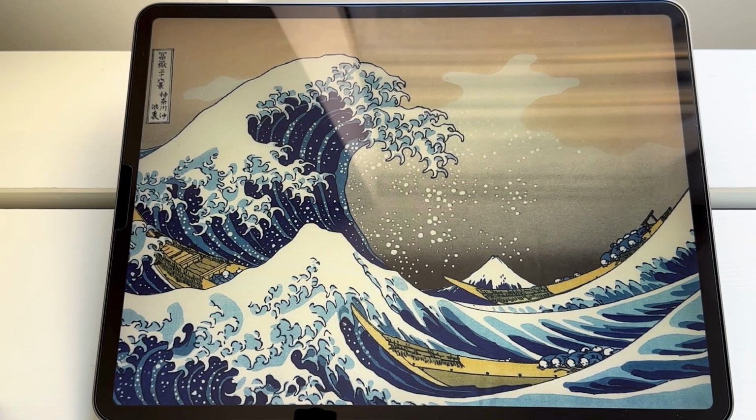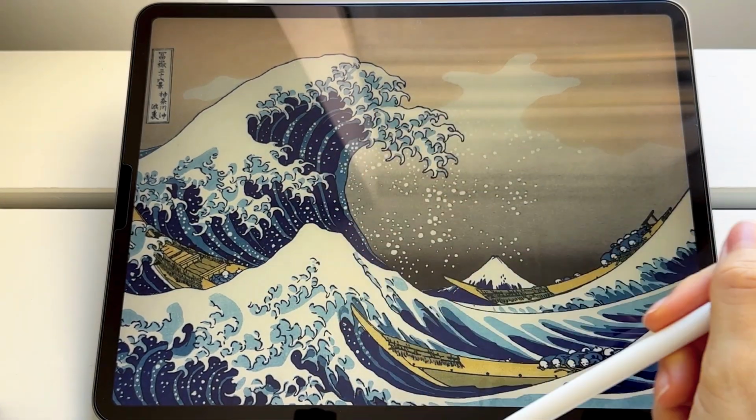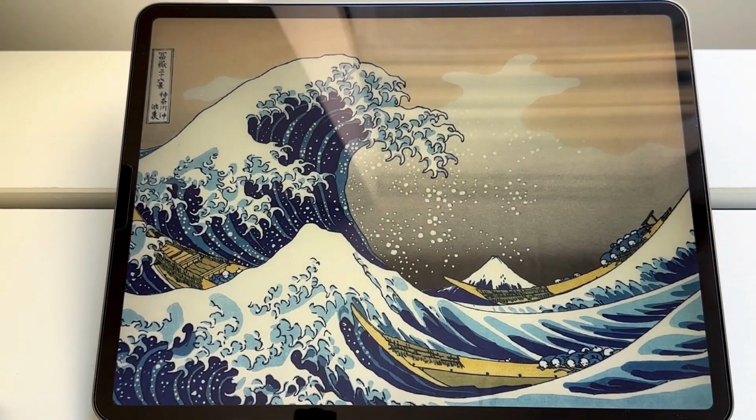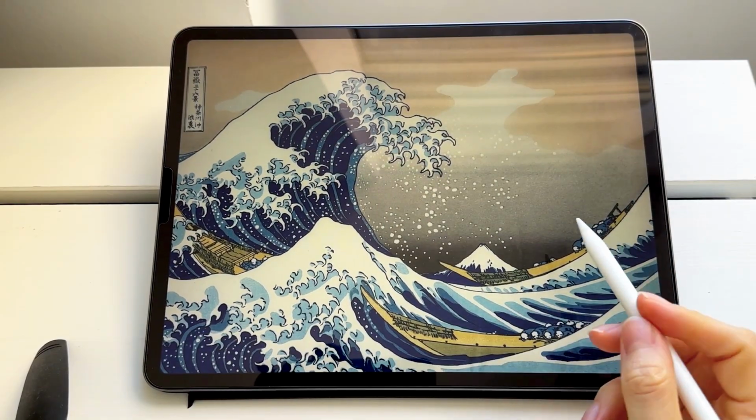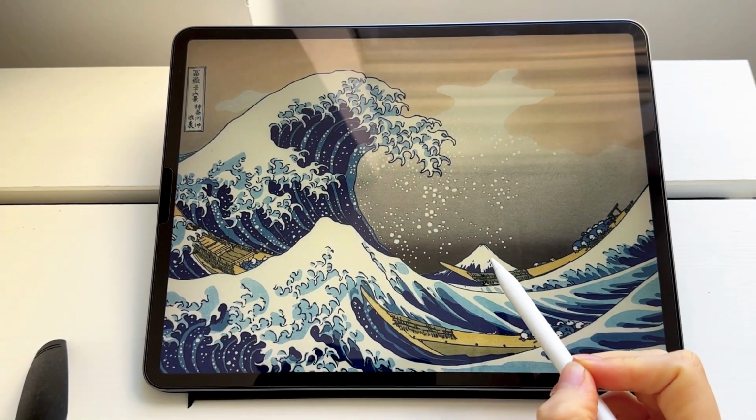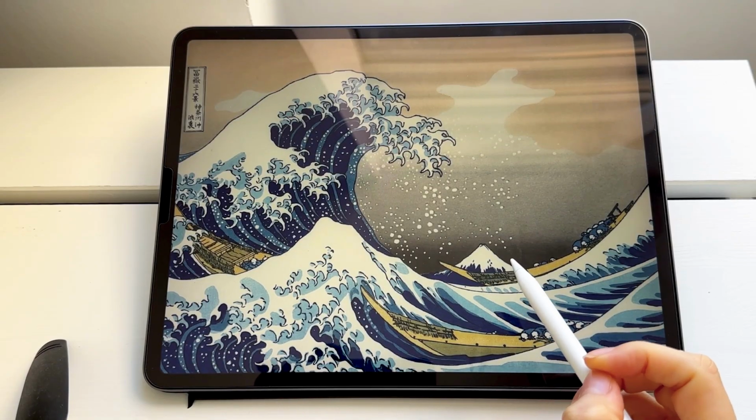I know it from my childhood, and I was so focused on this wave that I never noticed Fuji here before.